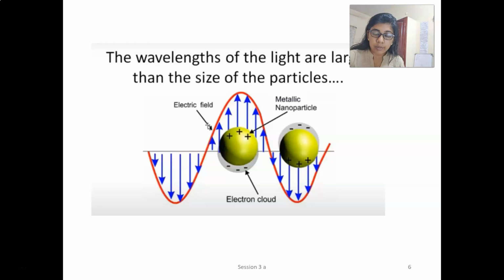At this wavelength, where the oscillation of the surface plasmon is equal to the oscillation of the light, there will be resonance. And only at this frequency or wavelength there will be strong absorption for a nanomaterial.